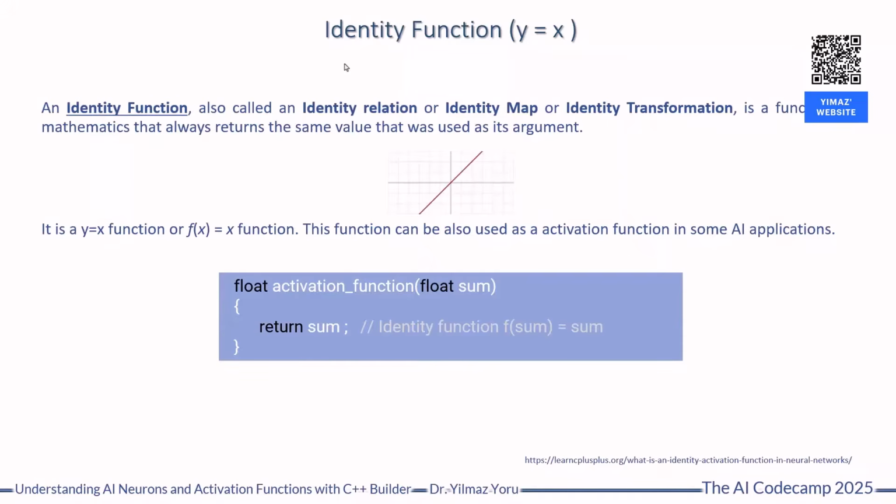This function is also important when you are training, because you need the derivative of these activation functions, to get better and faster computation when training your artificial intelligence.